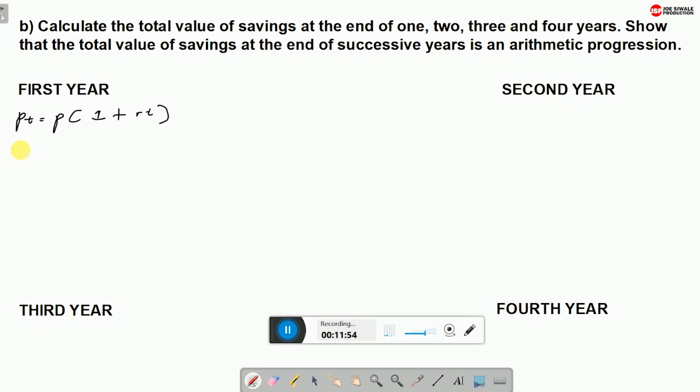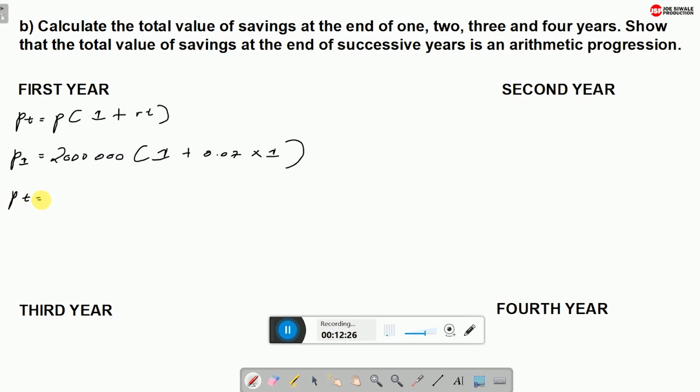So the future value, which is our P1, is equal to the principal, 2 million, open bracket 1 plus our R, that's 0.07, multiplied by our T, that's 1 in the first year.